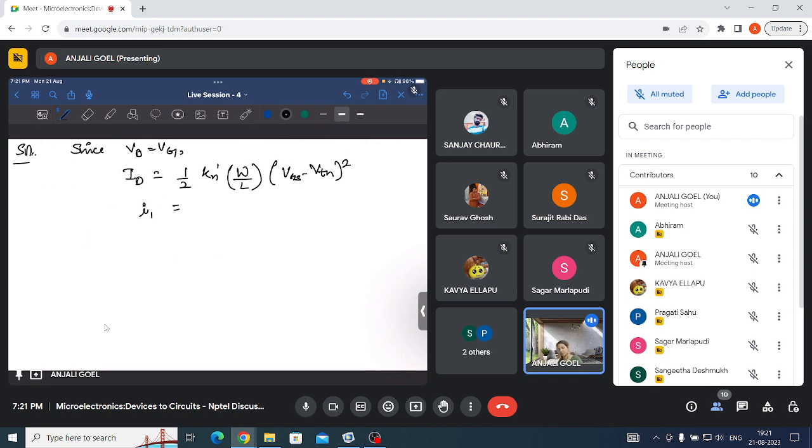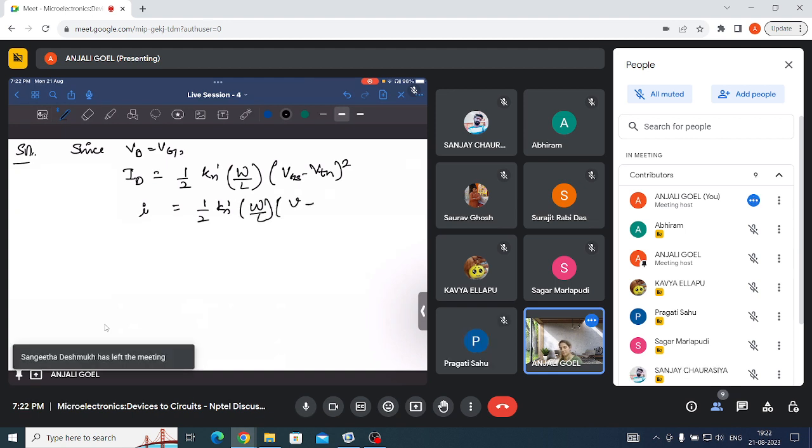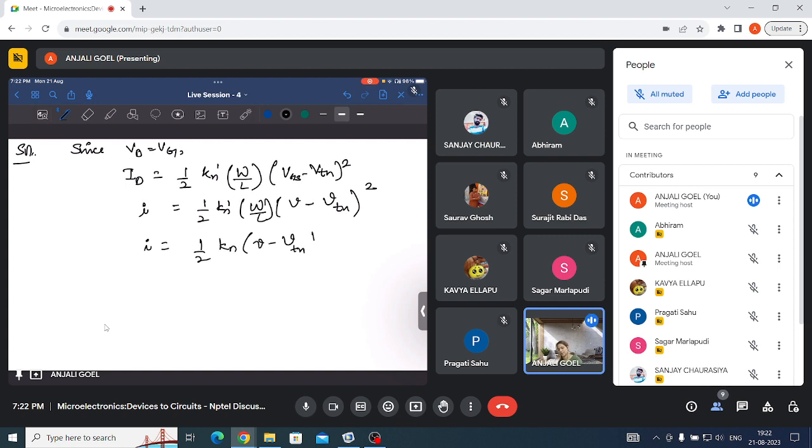So this can be written as I equals half Kn dash W by L (V minus Vtn) whole square, or half Kn (V minus Vtn) whole square. Does anyone have any doubt in this?